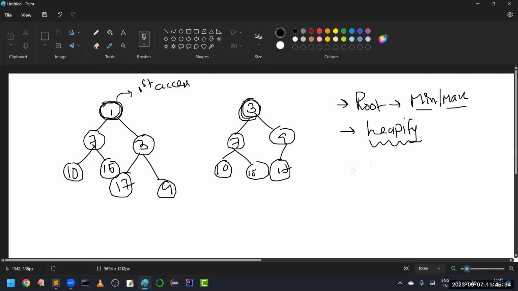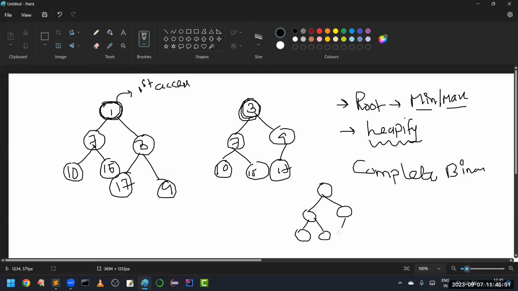At the same time, we have to satisfy one more thing: it should be a complete binary tree. Complete binary tree means, if you start from here, next you fill these two children, then we fill this child, like this, top to bottom and left to right. That's why we have 17 and 9 here.